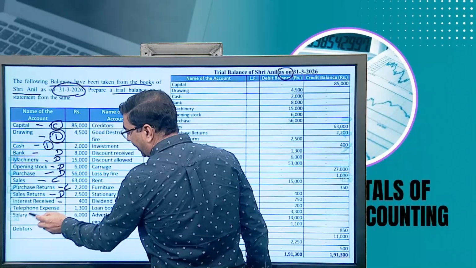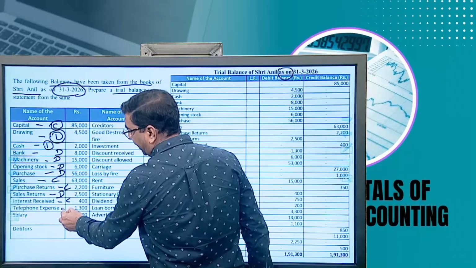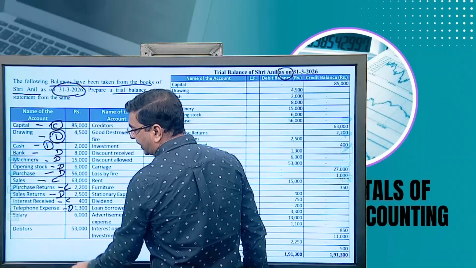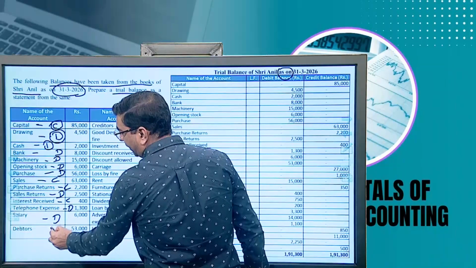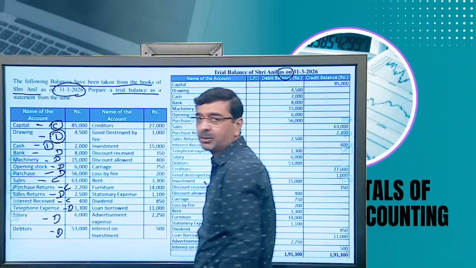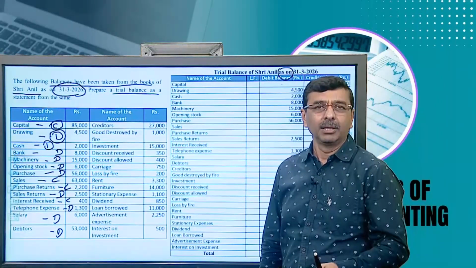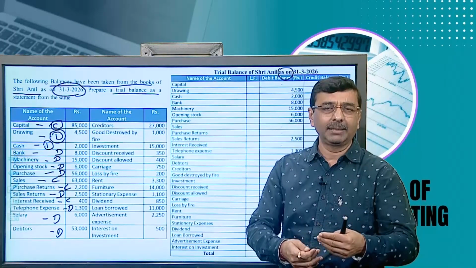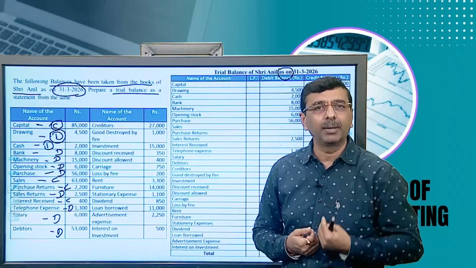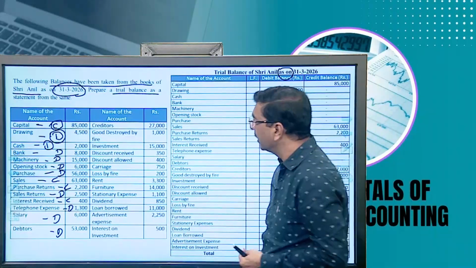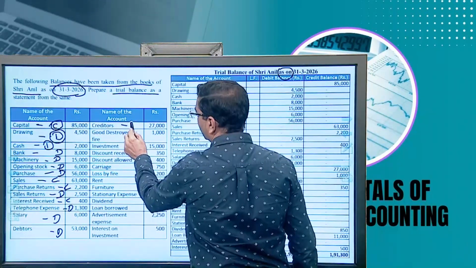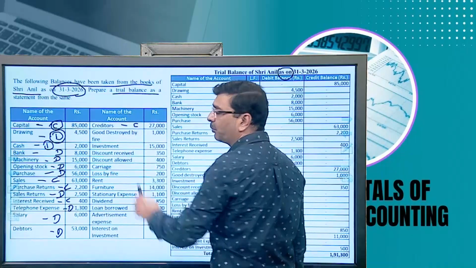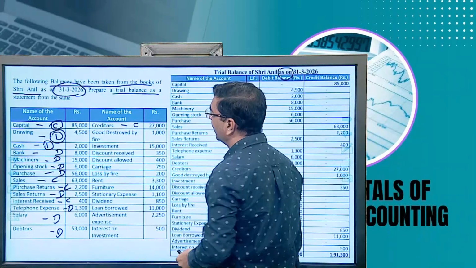Interest received is an income, that's why it's credit. Telephone expense, all expenses are always debit. Salary, debit. Debtors means goods sold on credit, so we are receiving the amounts from our party, ultimately it is our asset, so it's considered debit. Creditors, where someone is asking for the amount from you, that's your liability, that's why it's credit.